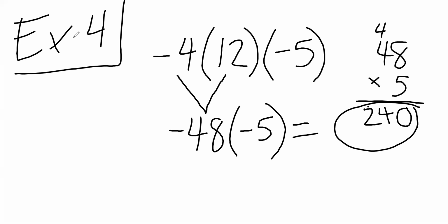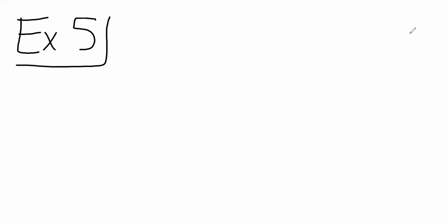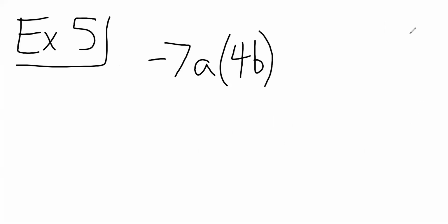Now we have expressions. So now we're throwing in A and X, A, B, X. We're throwing in unknown numbers. So example 5. We have -7 times A times 4B.